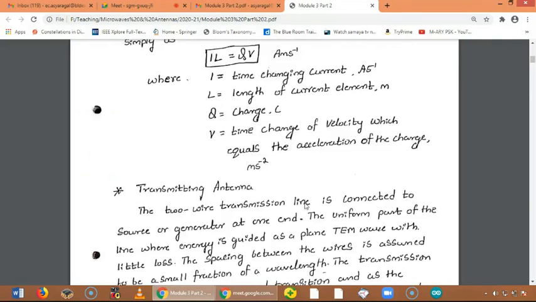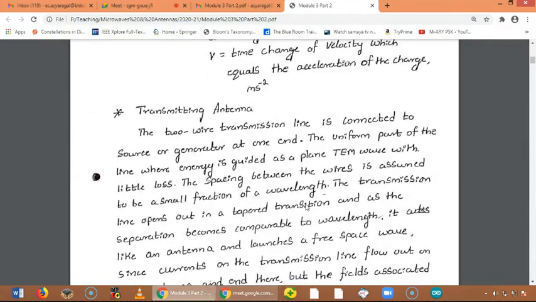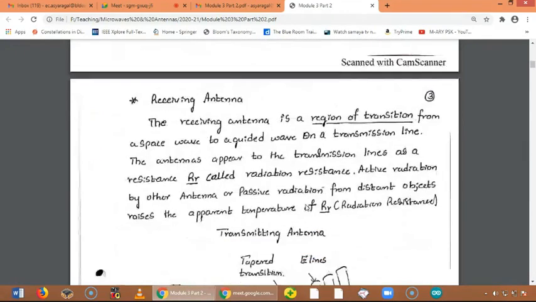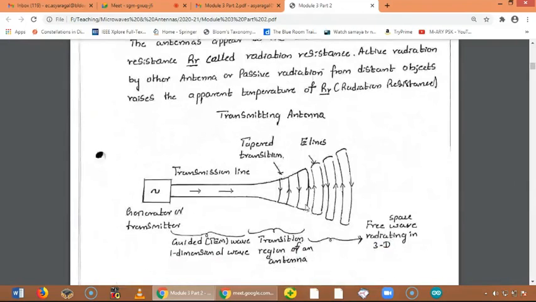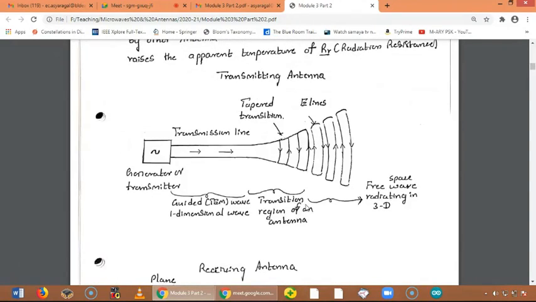Now, regarding how exactly a transmitting antenna or a receiving antenna transmits and receives waves, there is a figure; just look into it. You can see in the figure that we have a generator, or source, or transmitter.